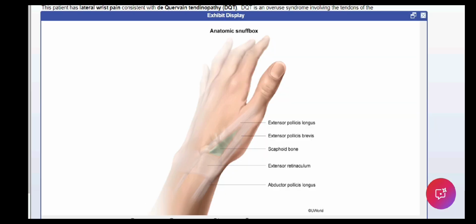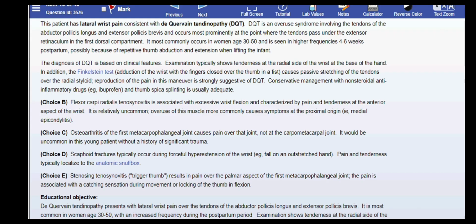Okay, we also have anatomic snuffbox pain in this area, on the lateral side of the wrist. This is also scaphoid fracture. Choice D: scaphoid fractures come with forceful hyperextension of the wrist, meaning a fall on an outstretched hand.